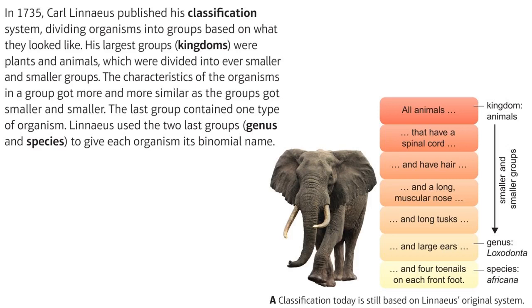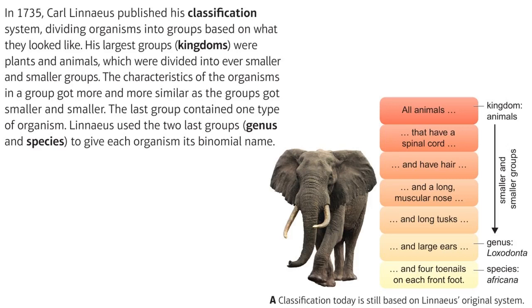So if you have a look on the right there, we've got an elephant, and obviously an elephant is in the animal kingdom, and then you can narrow that down into smaller and smaller categories. So the elephant belongs to a group within the animal kingdom that has a spinal cord. They also have hair as opposed to feathers or anything else like that. They have a long muscular nose, long tusks, and large ears.